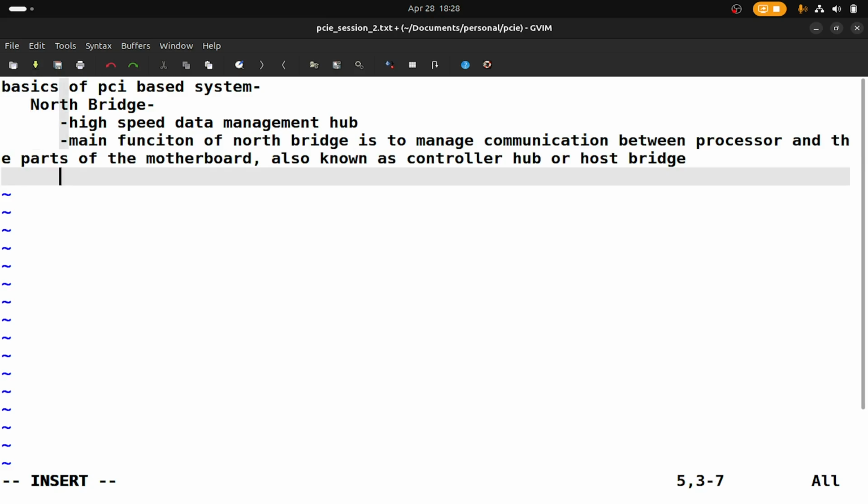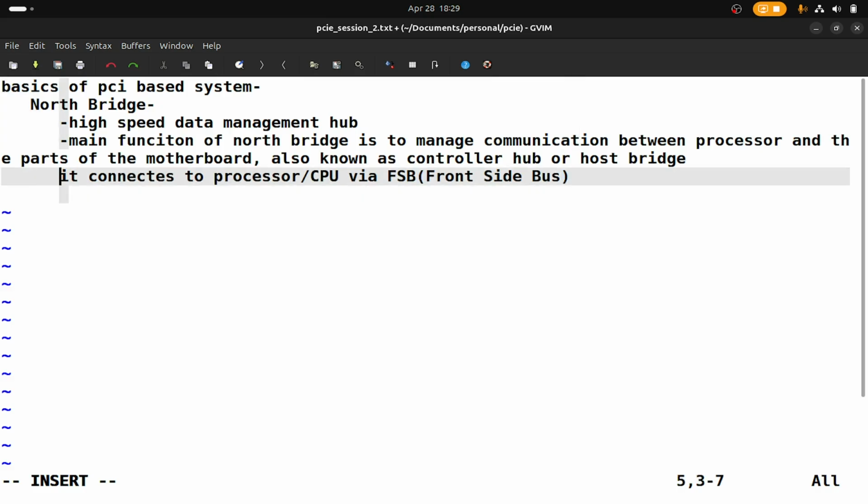The next point is it connects to the processor, we can also say CPU, via FSB. FSB bus, that is called front side bus.